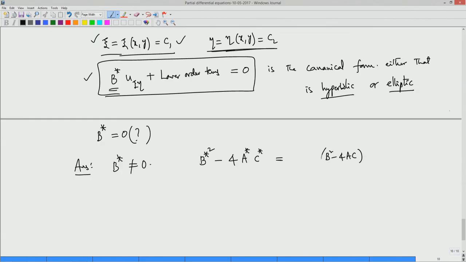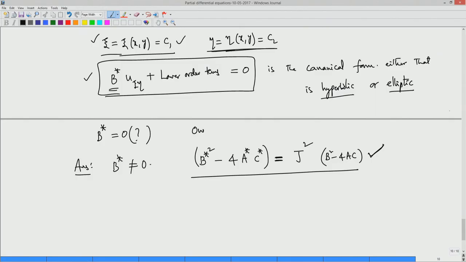There is a relation between this discriminant and that discriminant, involving J, the determinant of xi x, xi y, eta x, eta y, squared. By substituting a, b, c and a star, b star, c star and J, you can verify that this equality is valid.